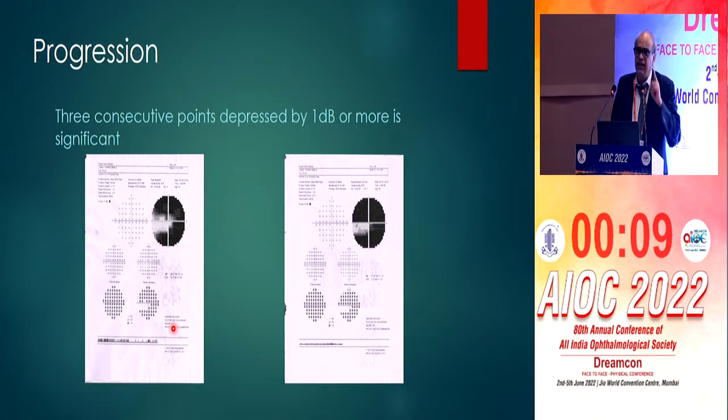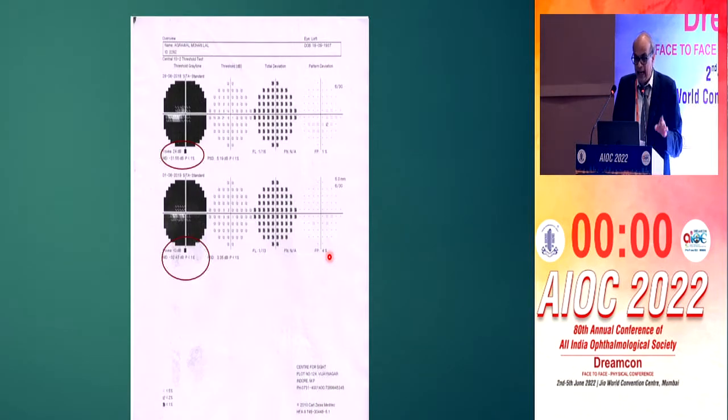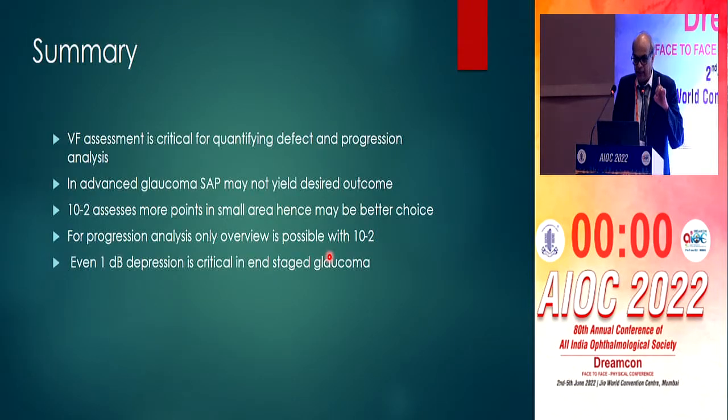And any single decibel deviation in 3 consecutive points is significant. Even if you have a very advanced case, if the mean deviation changes by 1 decibel, consider that as significant. And you can monitor these patients for the smallest progression, and you can preserve that vision the patient has got.